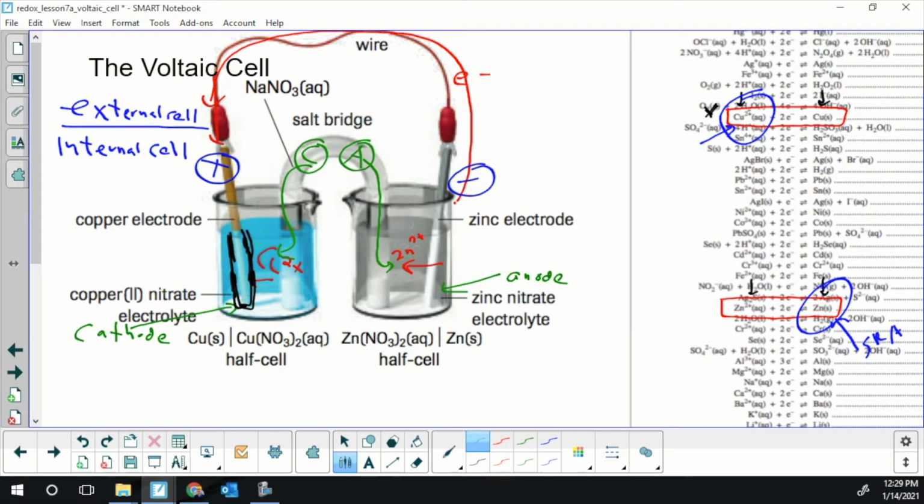On your multimeter, the red is the positive, the black is the negative. So that's how you have to hook this up. So the positive terminal is going to go to the cathode, the negative terminal to the anode. If you do it backwards, the voltmeter will give you a negative number. It shouldn't be there. You get a negative number in the lab, you have your cell, you've got your wires backwards. It doesn't hurt anything, it doesn't break anything. It's just hooked up wrong.